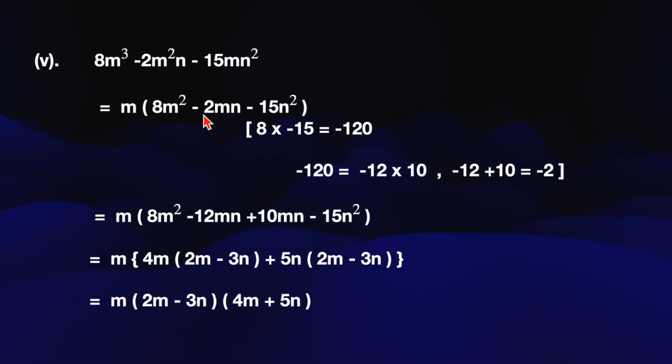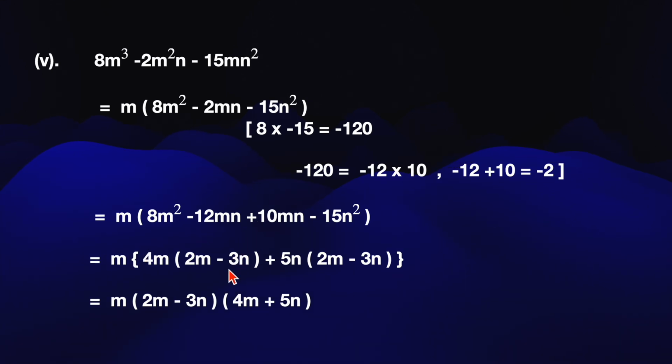The middle term is negative, so the bigger number will be negative. Okay, so minus 12 into 10 we will take. What is minus 12 plus 10? It is minus 2. See, it's the middle term. So minus 2mn, we are going to write it as minus 12mn plus 10mn. Replace it like this. That's all.